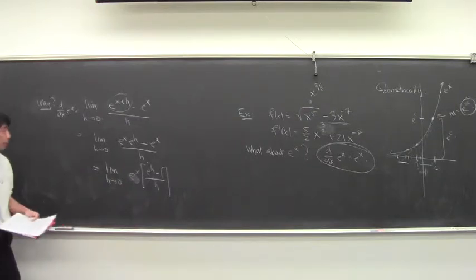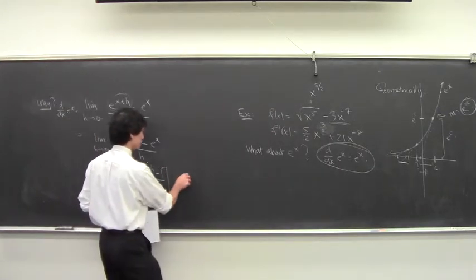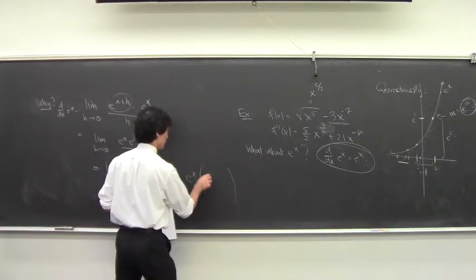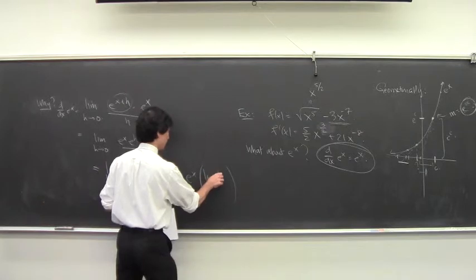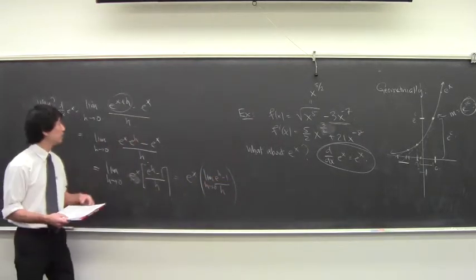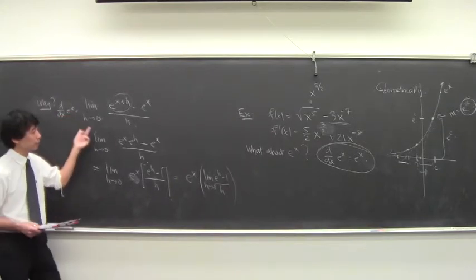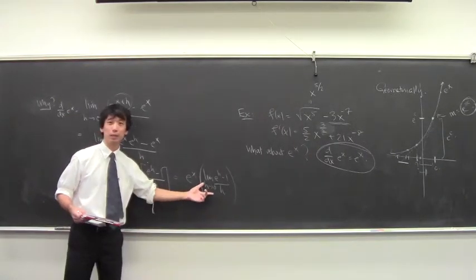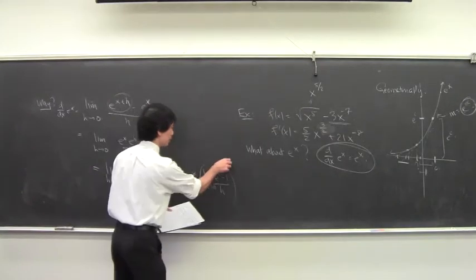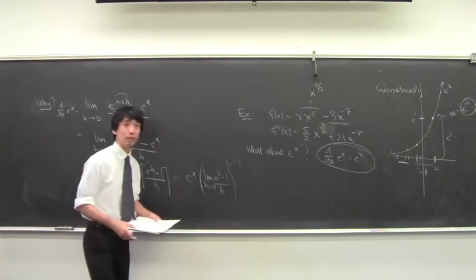And so what you get is e to the x times this limit, e to the h minus 1 over h as h goes to 0. So the derivative of e to the x is e to the x times some constant. It turns out that this constant is equal to 1, but we can't show that yet.